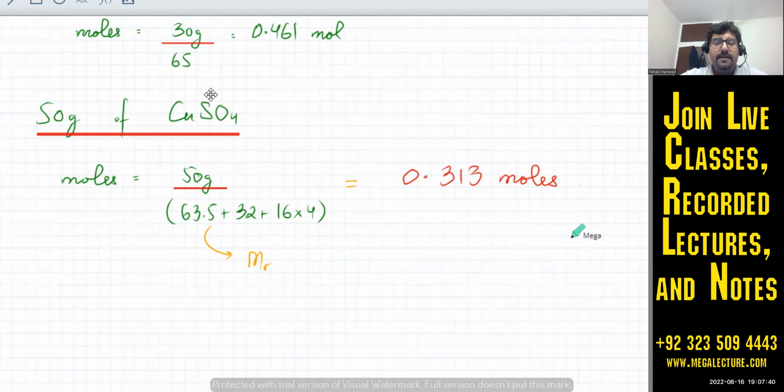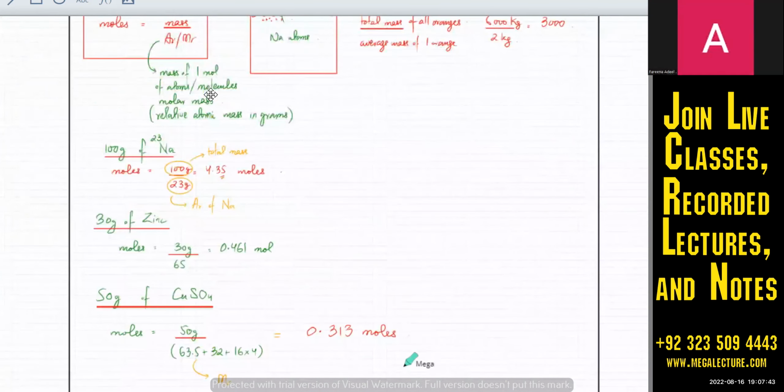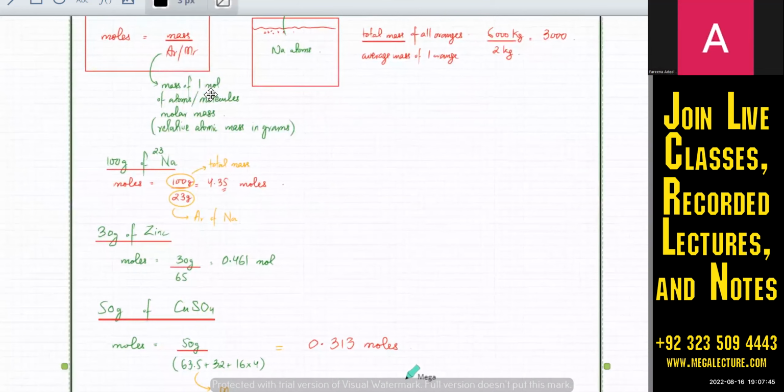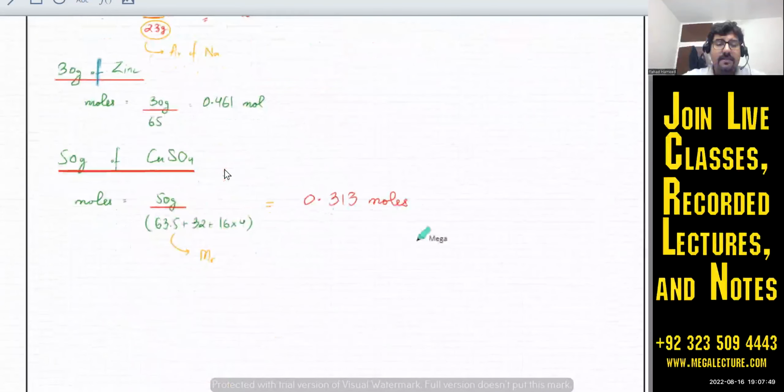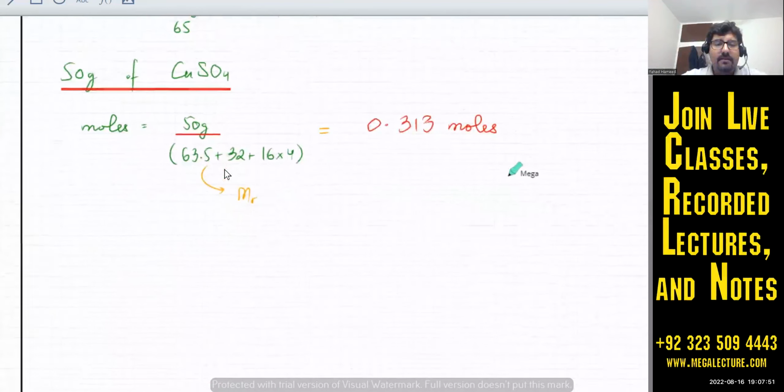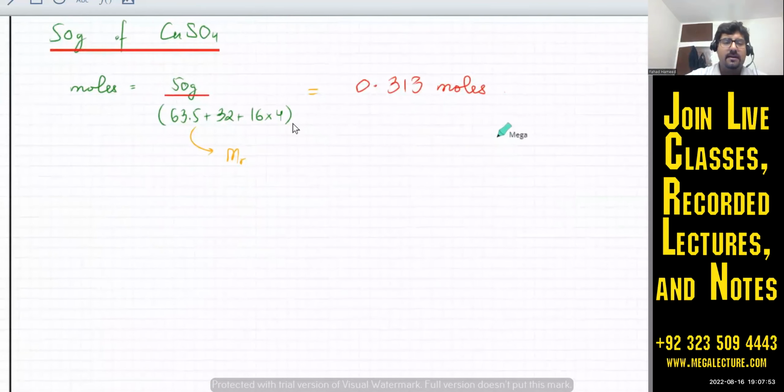Okay. So is this clear? That you're going to have Mr for any molecule, and there's going to be complicated molecules. Make sure you don't make a mistake when you're calculating Mrs.